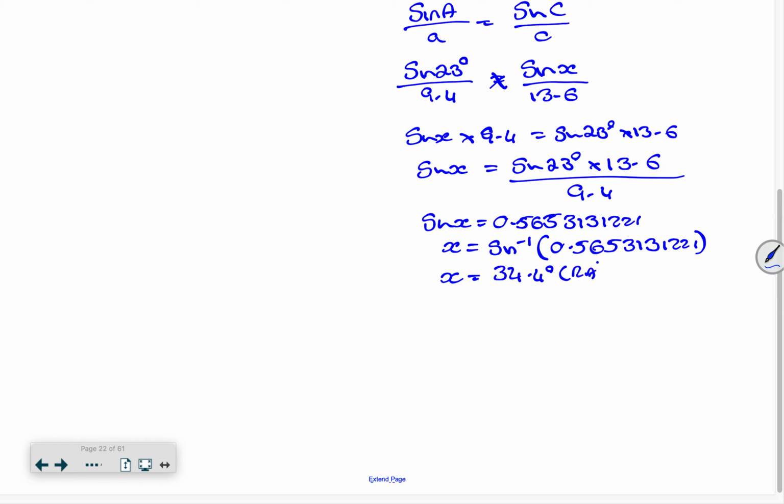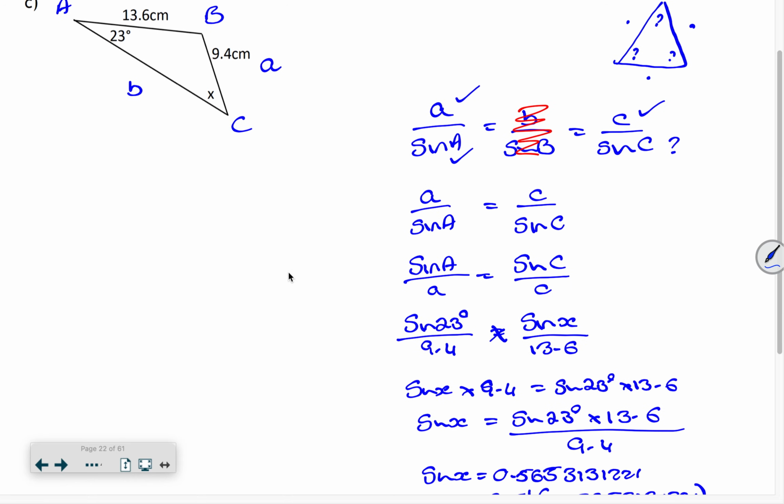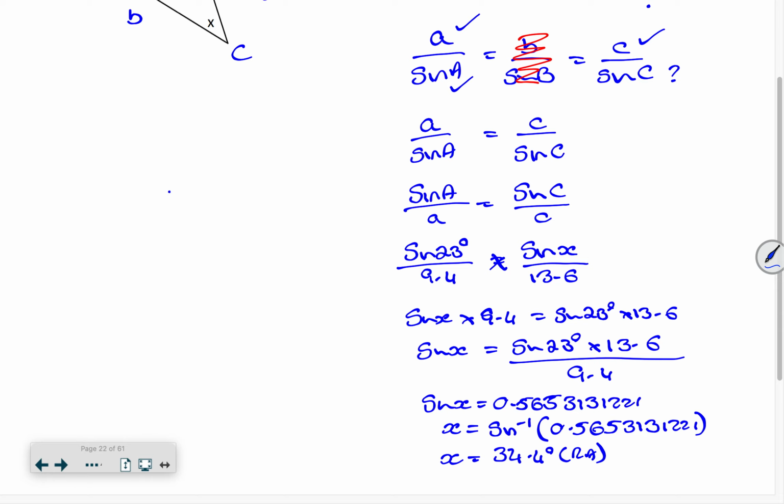That's our related angle. So at this stage we usually go to the CAST diagram, and we're looking to see, okay, well, sines are positive because 0.565 is a positive number. So my solution is going to lie either in the first or second quadrants.